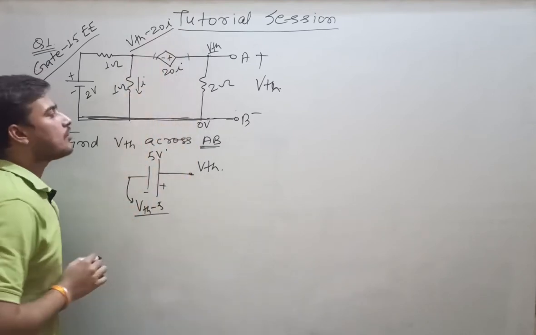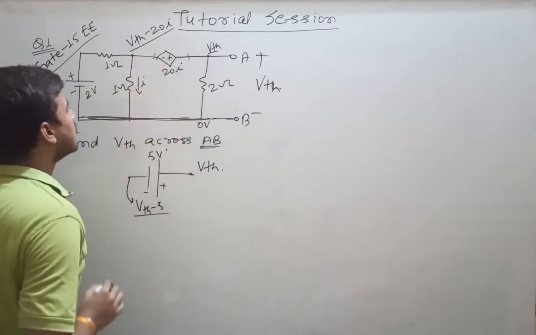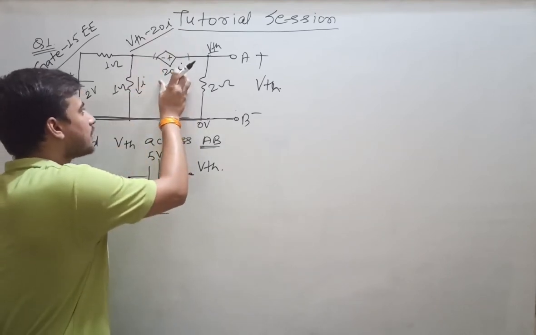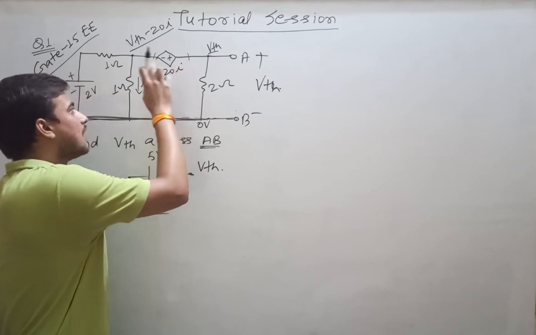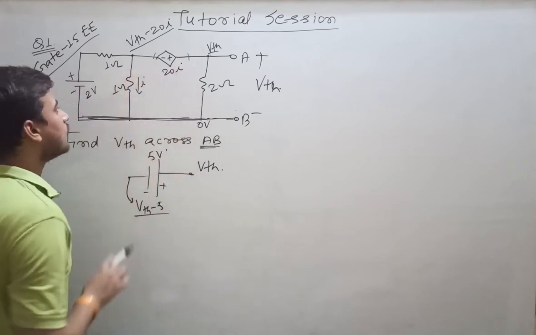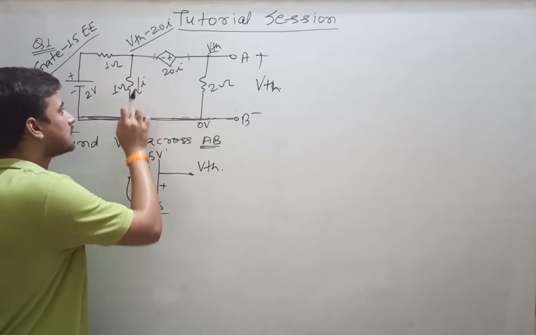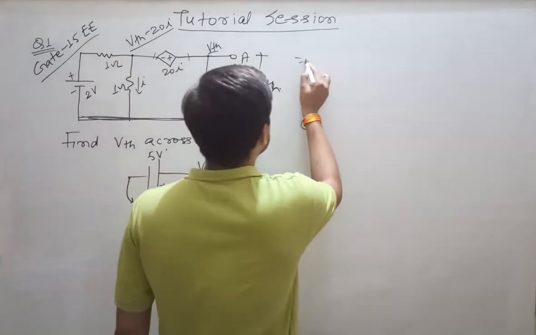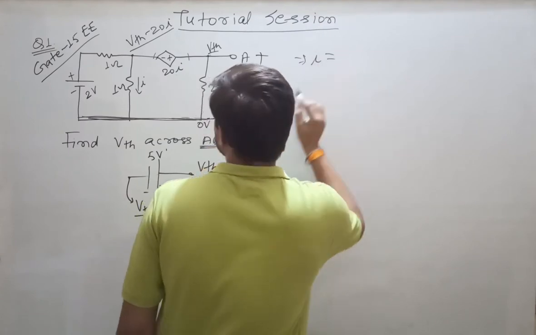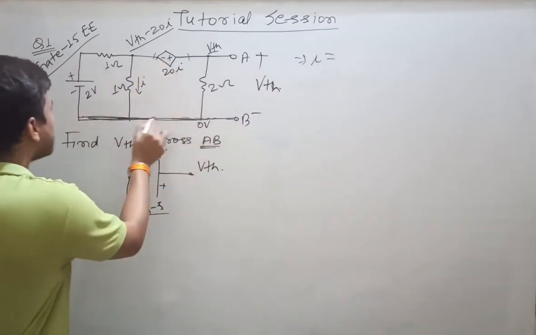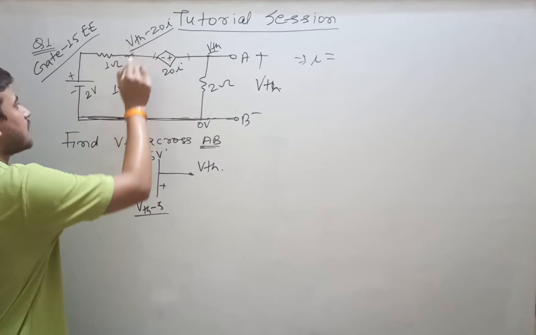Once you have the potential of this point, now we have to look at the magnitude of the dependent source. We'll have to identify the branch on which its magnitude depends. Now we have to apply Ohm's law in this branch. So when you apply Ohm's law in this branch, current I will be equal to, here potential is 0, here potential is VTH minus 20I.